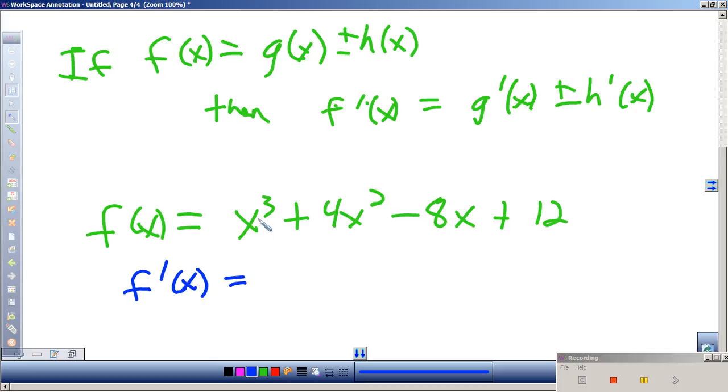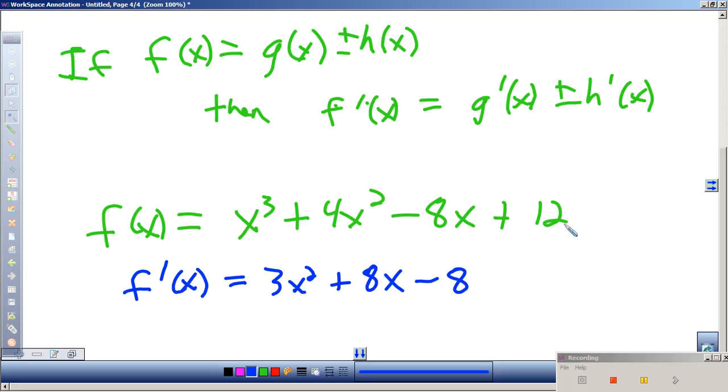What's the derivative of x cubed? 3x squared. What's the derivative of this? 8x. 2 times 4 is 8, reduce the power by 1. Minus 8. What's the derivative of 12? 0, so I don't need it.